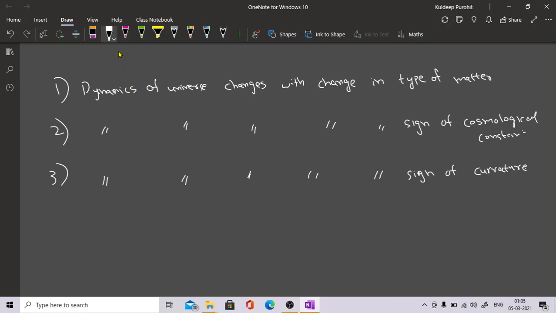So you have to take different cases for different types of universe. The type of matter also changes with time, so at different points the dynamics of the universe also changes, because all these quantities are not fixed.